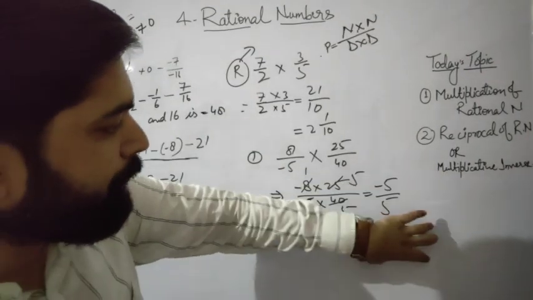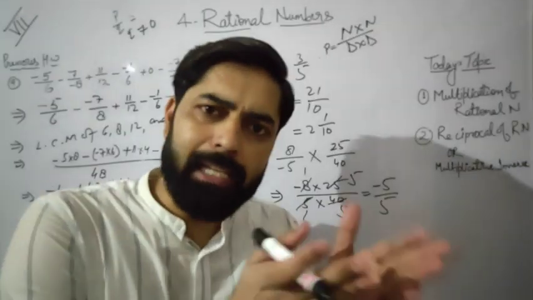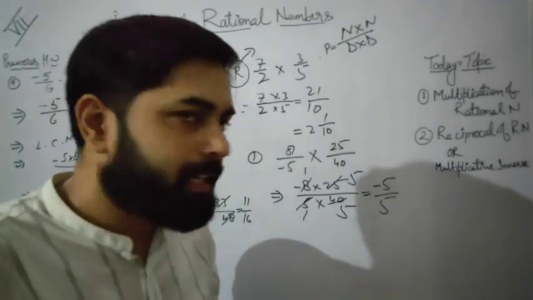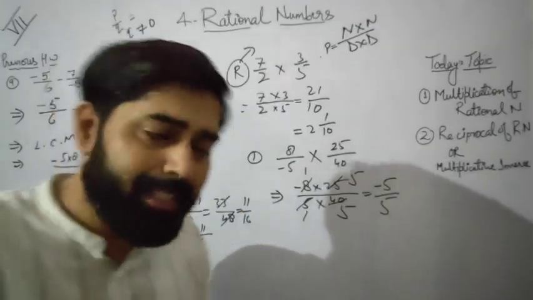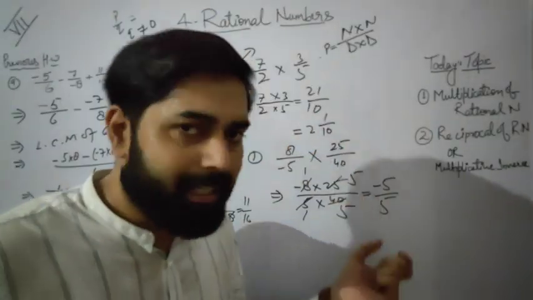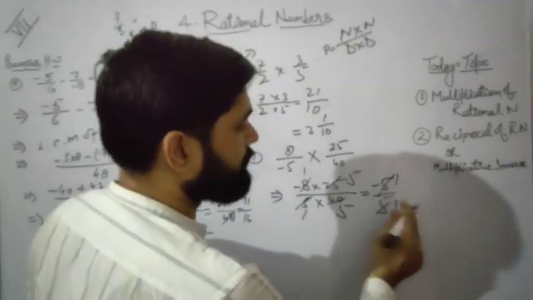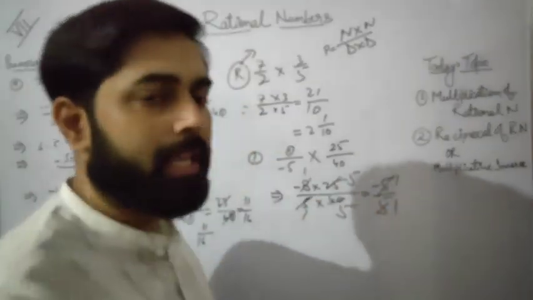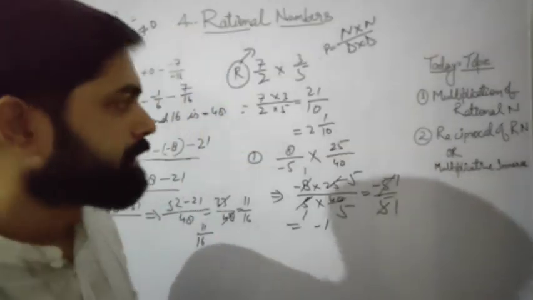Now we got minus 5 upon 5. 5 upon 5 is divisible by 5. It is compulsory that you write the answer in the simplest form. So 5 ones are 5, 1s are. This will now cancel with 5, so you will write it in the simplest form. Then the answer will be -1. So these are some examples of multiplication.